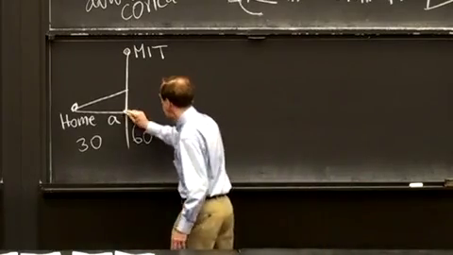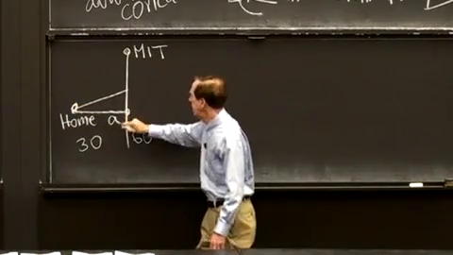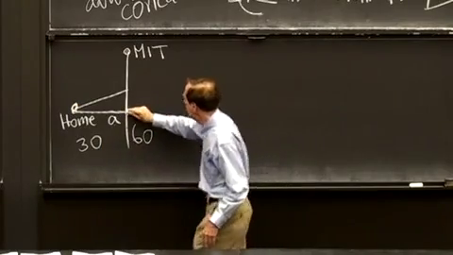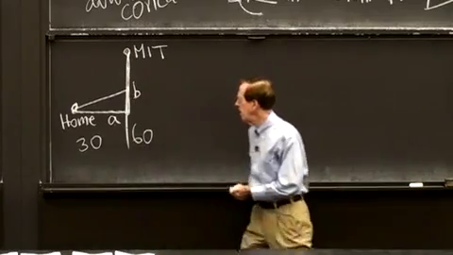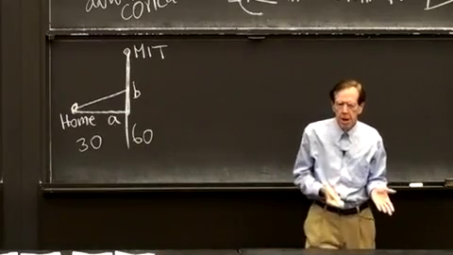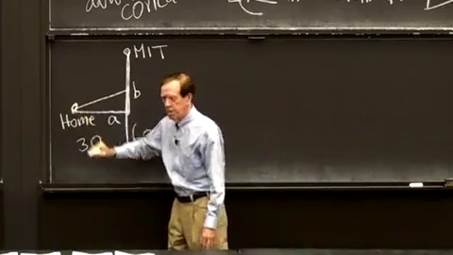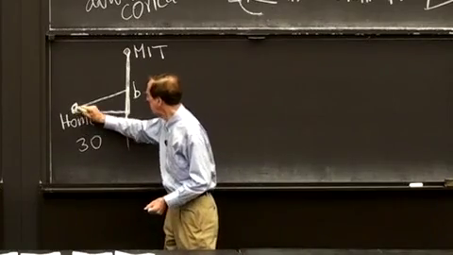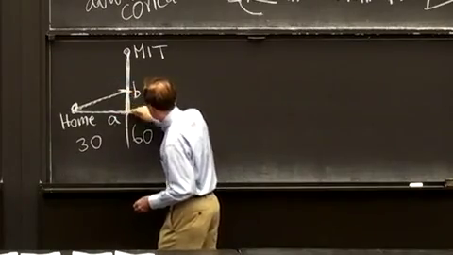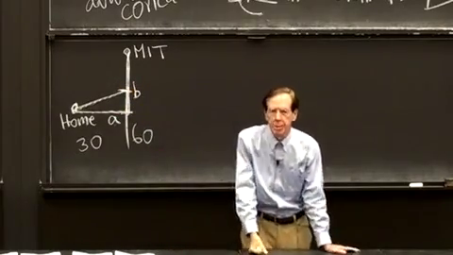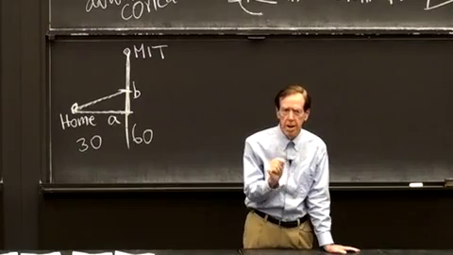And that's the direct distance. If I just went direct to the turnpike, I would go a distance A at 30 miles an hour, and then I would go a distance, shall I call that B, at 60. So that's one possibility. But I think it's not the best. I think I should probably angle over here and pick up this. My question is, where should I join the Mass Pike? And so we get a calculus problem, let's model it.